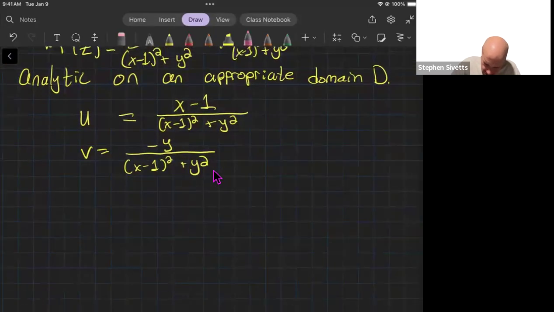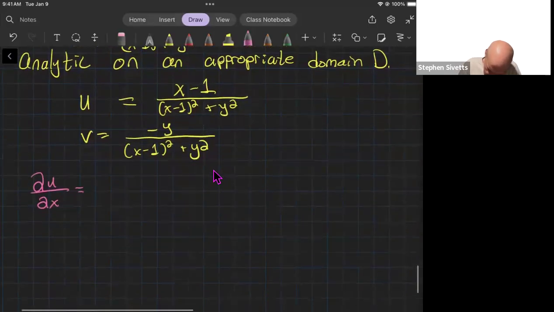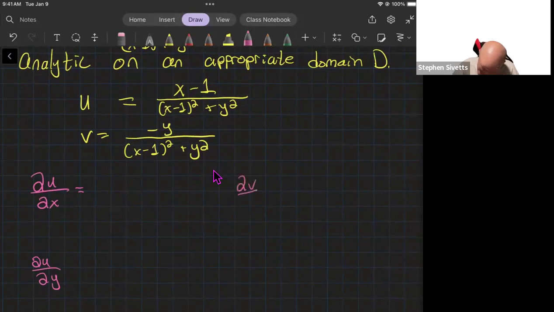What we want to do is look at the partial derivatives, right? Partial of u with respect to x, partial of u with respect to y, partial of v with respect to x, and partial of v with respect to y. Okay, so here we go. All of these are going to use the quotient rule.